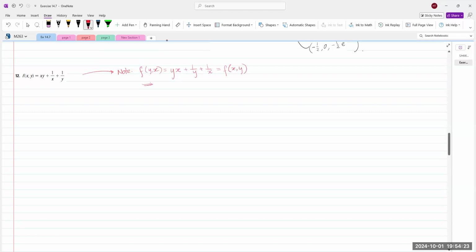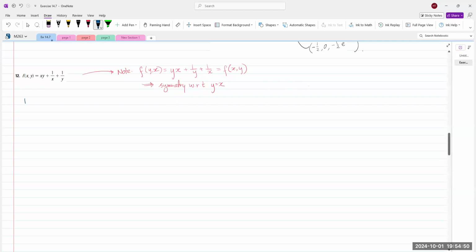So we have symmetry with respect to the y equals x plane. Now that tells us later on our critical points, if any, some of them may be the same value a comma a. Okay, but let's take a look.